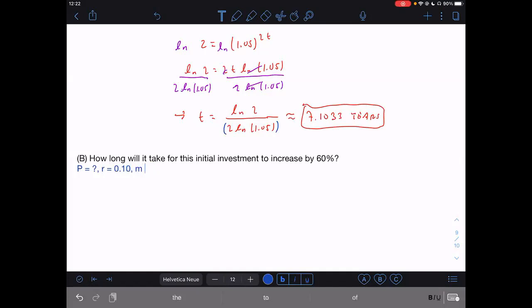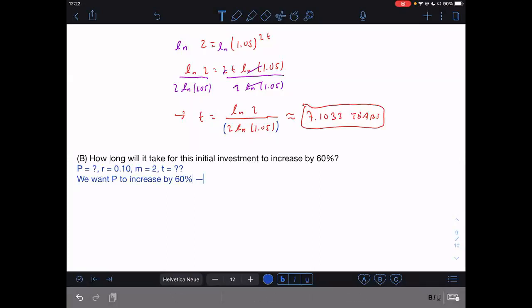M is still 2. And we still want to figure out the number of years it's going to take. But here we want P to increase from its initial amount by 60%.